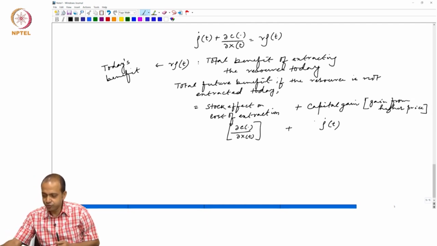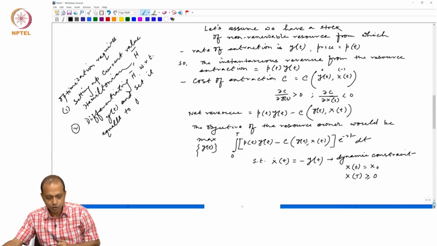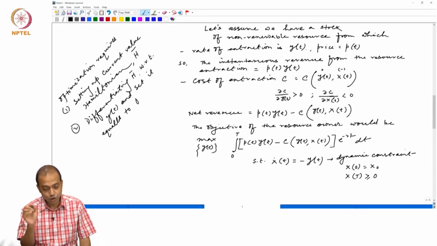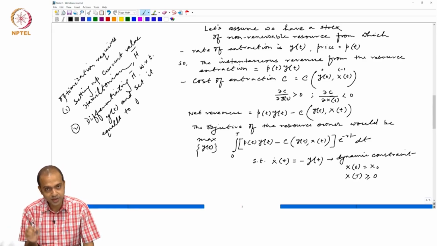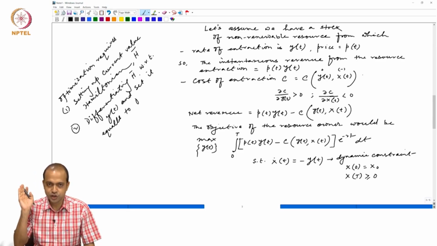So, if we go back to the optimization problem, we have a stock of resource for which Yt is the rate of extraction, and price is Pt. There is an instantaneous revenue if we extract 1 unit of resource, that would be Pt into Yt, and the cost of extraction C is a function of the rate of extraction and the stock.